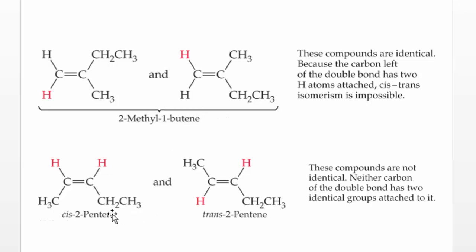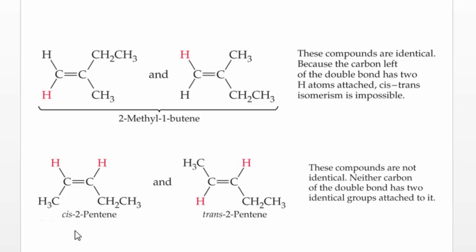However, if we take this compound called 2-pentene, and we draw it in this way, this is the double bond, this is carbon 1, 2, 3, 4, 5. And this is the position of the double bond, 2-pentene. Here this carbon has 2 different substituents, and this carbon has 2 different substituents.